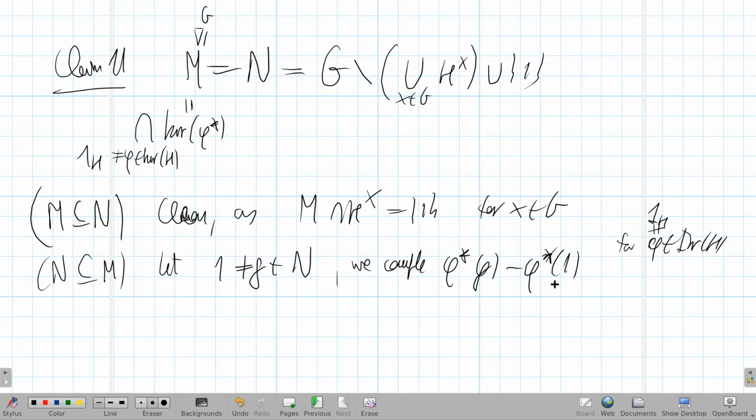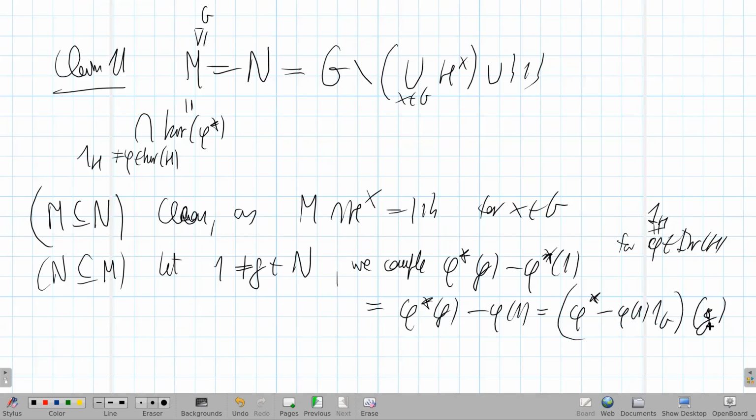So what's this? We already said that phi star is an extension of phi, so on 1, which is an element of H, this is trivial. But let's look at this. This is actually phi star minus phi 1 of 1_G, computed on g. Because if you compute on g, you get phi star of g, and the trivial character on g is 1.